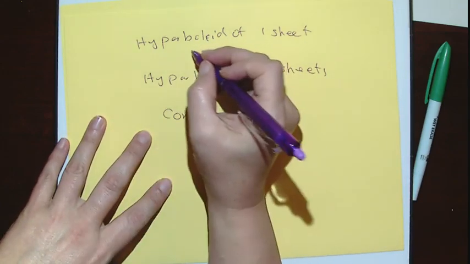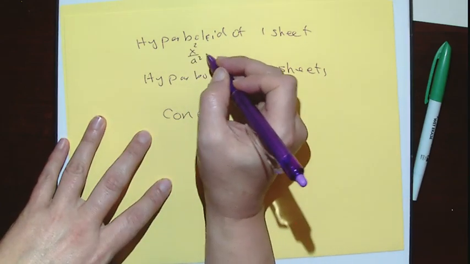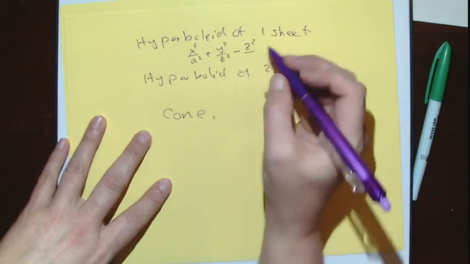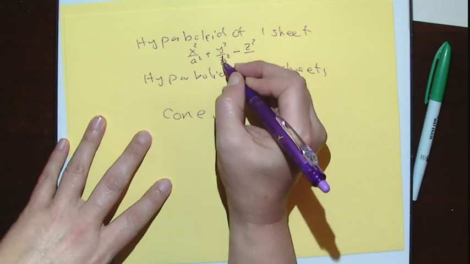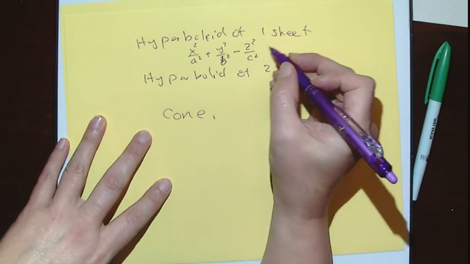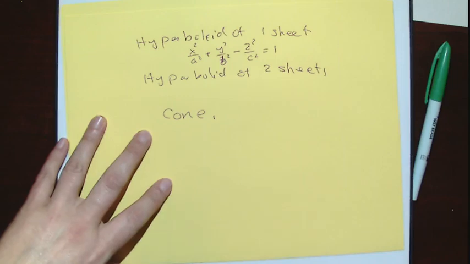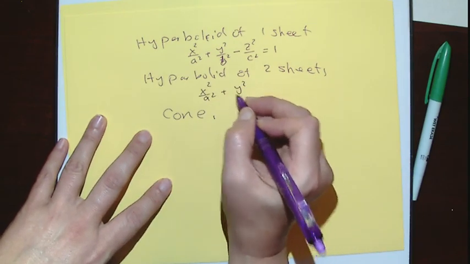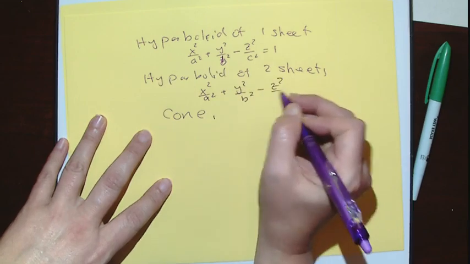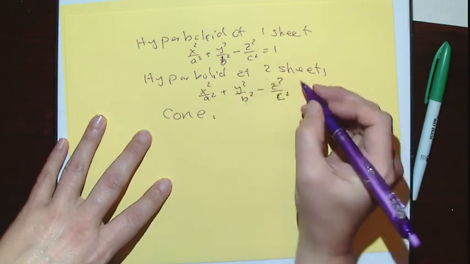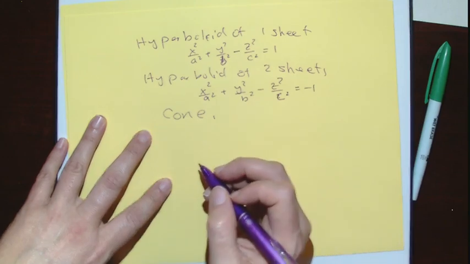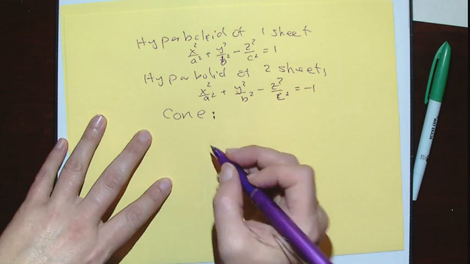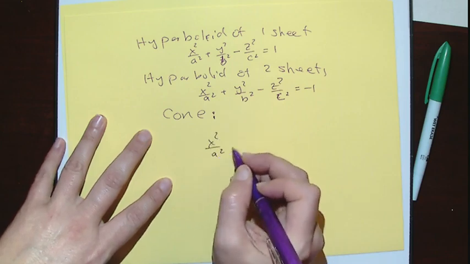Hyperboloid of one sheet looks like this: x squared over a squared plus y squared over b squared minus z squared over c squared equal to 1. This other one can look like that. You have everything to power 2. One of them is different from the others. And the constant is a deal maker or deal breaker. And the cone looks like this.